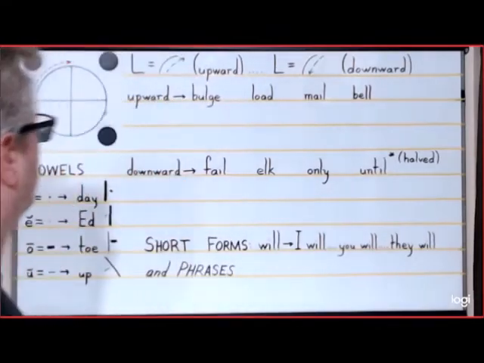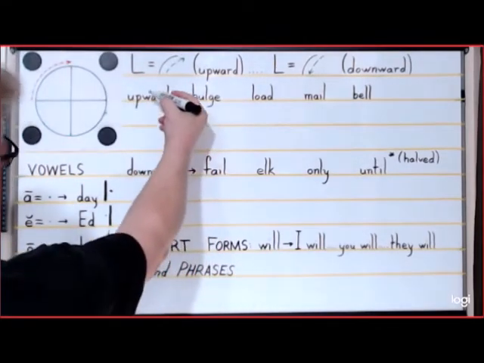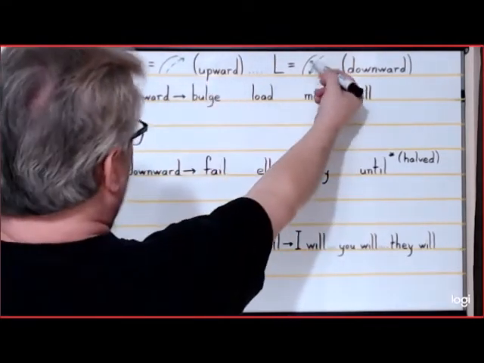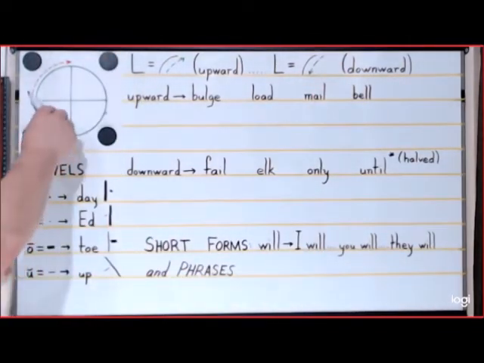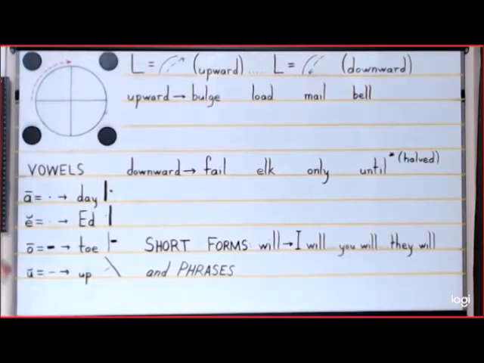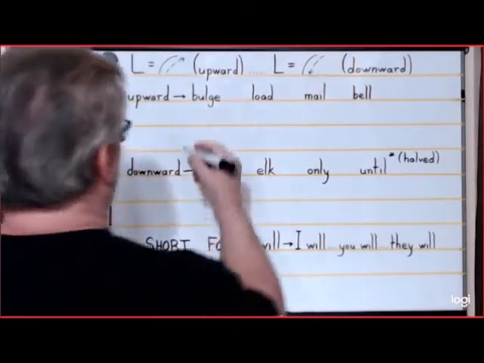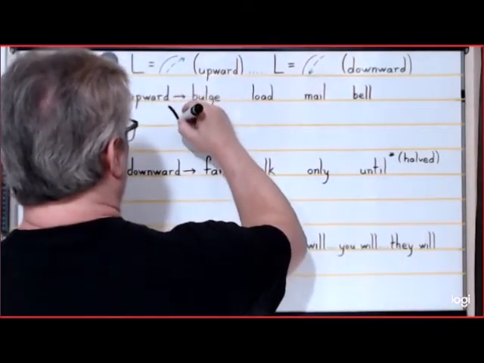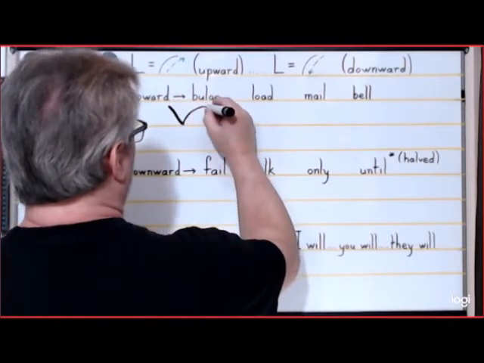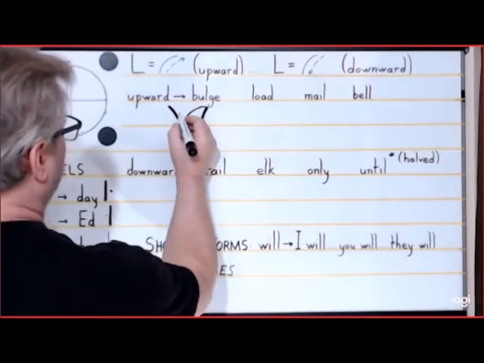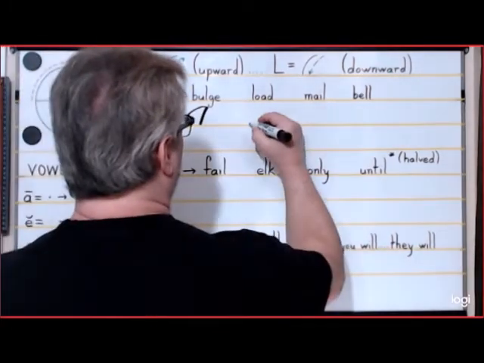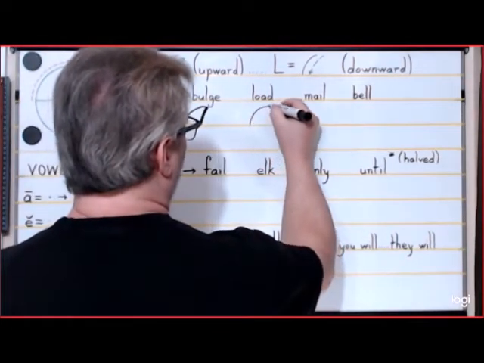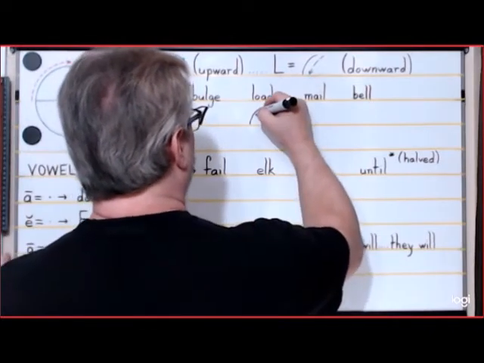The L can be written with an upward or downward curve, as you can see here in the upper left quadrant. So the word bulge is B, L, J, and then a light dash in the middle of the B. Load is L, D, and a heavy dash.